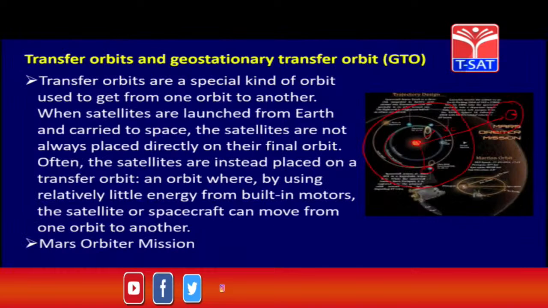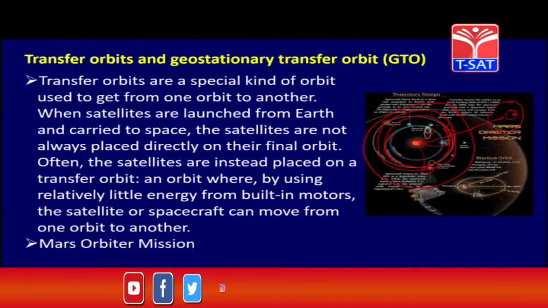Since our launchers are not powerful enough to send it directly, initially we took the satellite up to here. Then when it came to this place, we increased the power, and it reached another level.